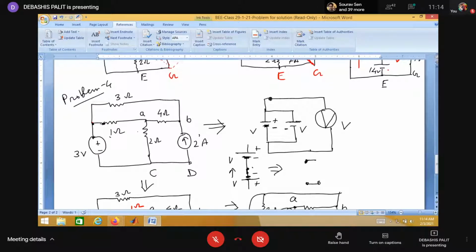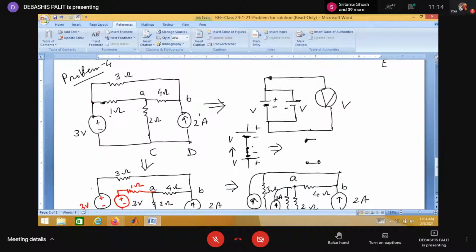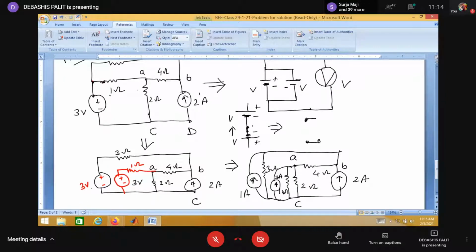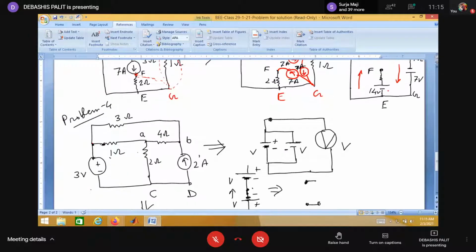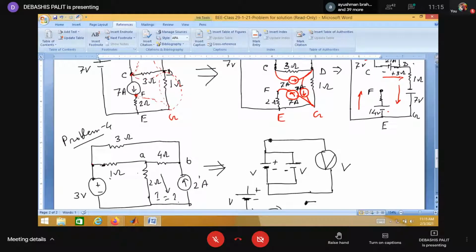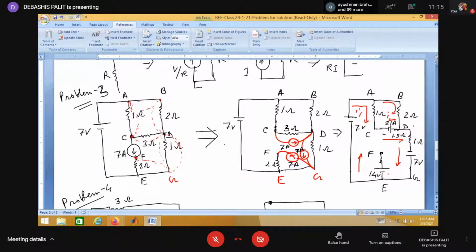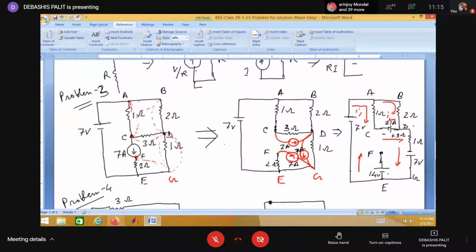You have to solve the circuit and find the branch current which is flowing here. What will be the current that is flowing, say 2 ampere. You have to solve this. Okay, this is your home task.